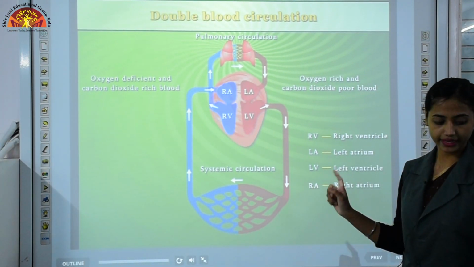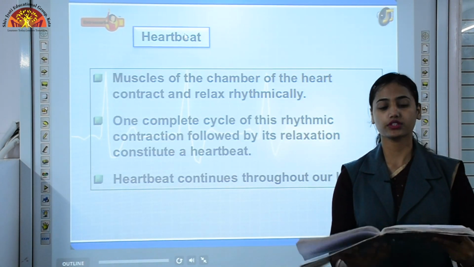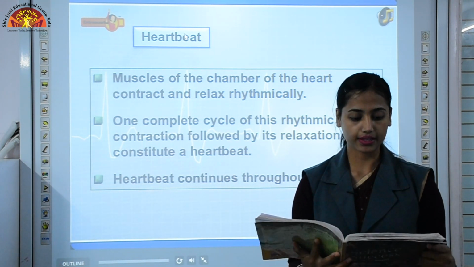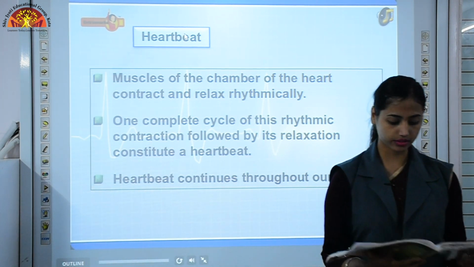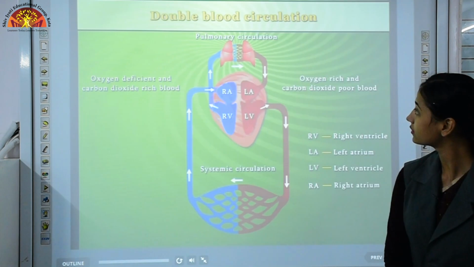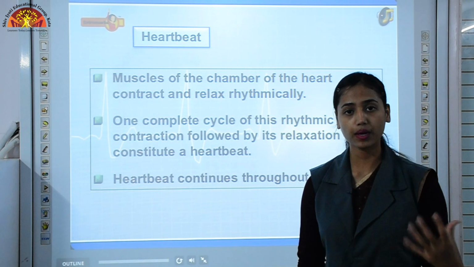Now before moving ahead, write one internal question which is, name the components of circulatory system on page number 130. Answer is blood, blood vessels and heart. Then heartbeat. Now we know that heart pumps blood.